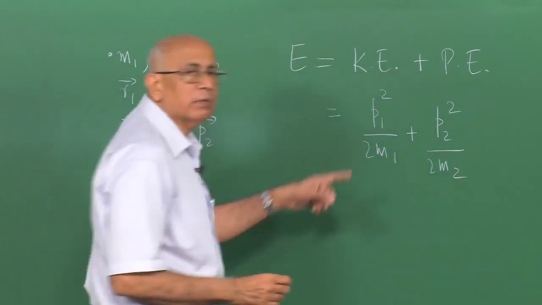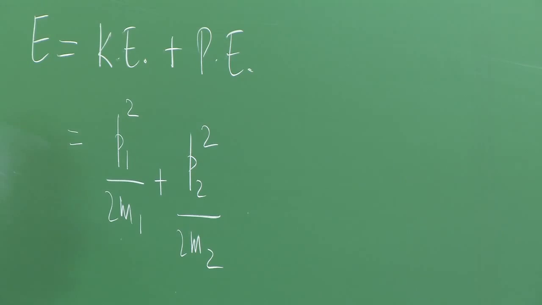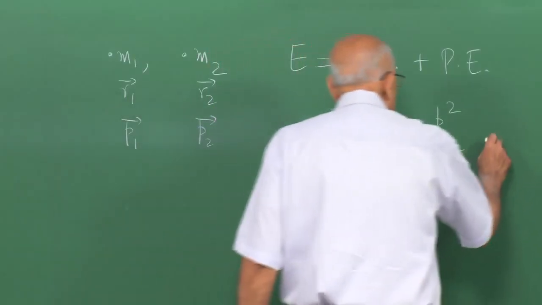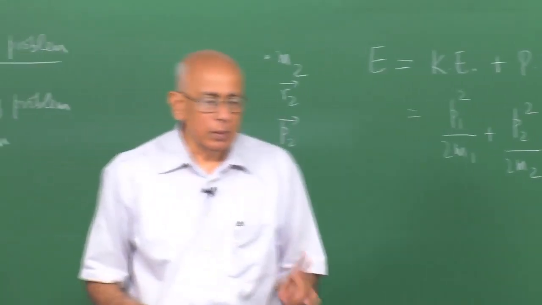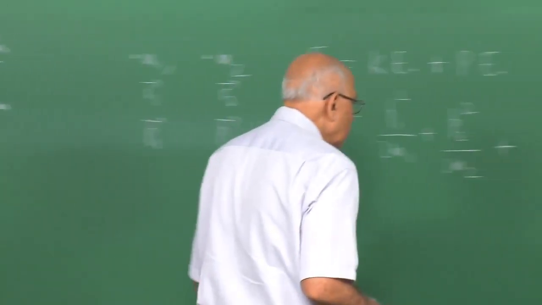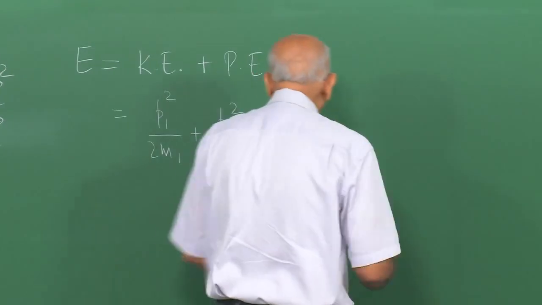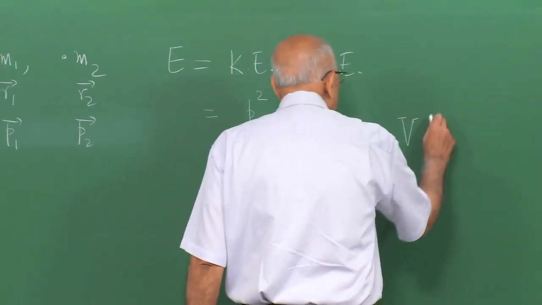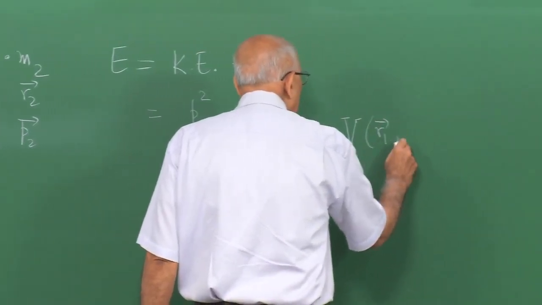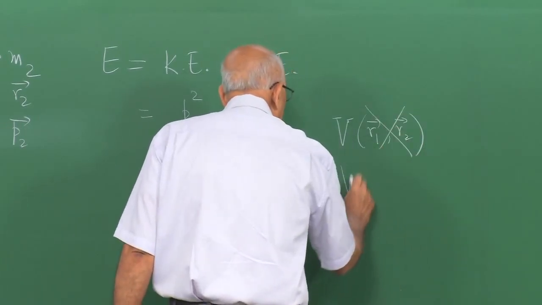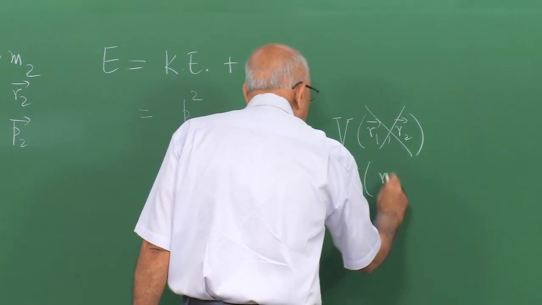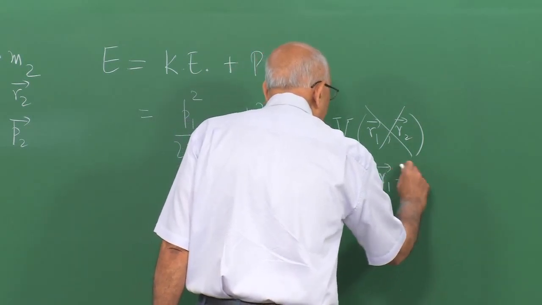These are the squares of the magnitudes of these two vectors, plus a potential energy which we will now assume to be the following. We will assume this to be a function V, not of the general coordinates r1 and r2, but rather a function V of the distance between the two of them.